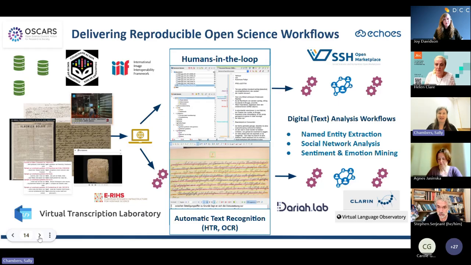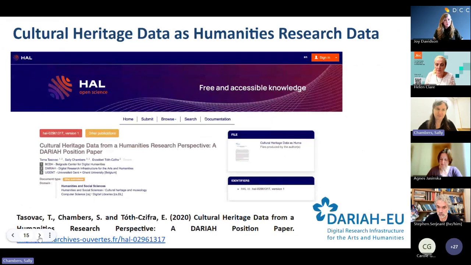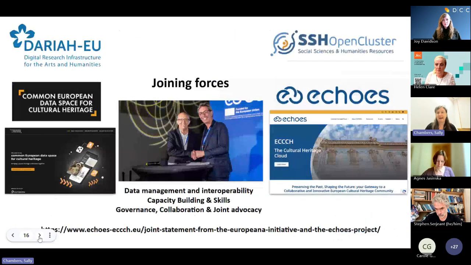Let's go into that in a little bit more detail. Cultural heritage data as humanities research data. This was a paper that we wrote a couple of years ago about the importance of cultural heritage data for humanities research, and it was the starting point for thinking about all of this.